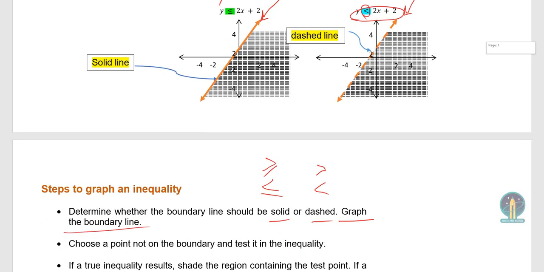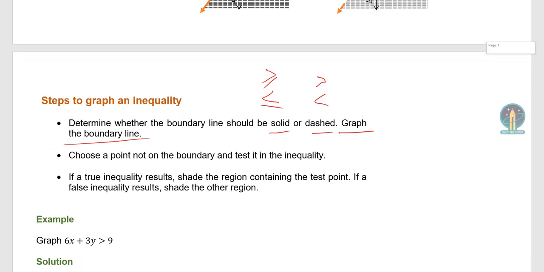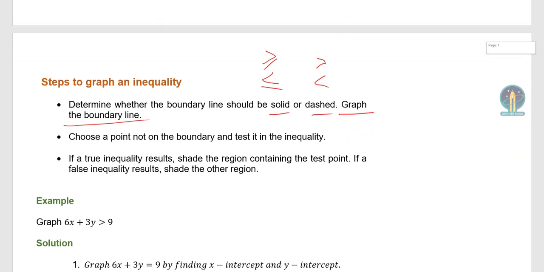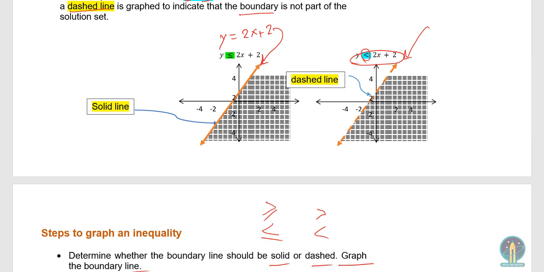Then after graphing the boundary line, choose a point that is not on the line, and test it in the inequality. For this line, you would choose the origin, for example. Let's say you don't have the shaded region determined yet. You would choose the origin because it's simpler. Plug it into the inequality and see if it's true or not.